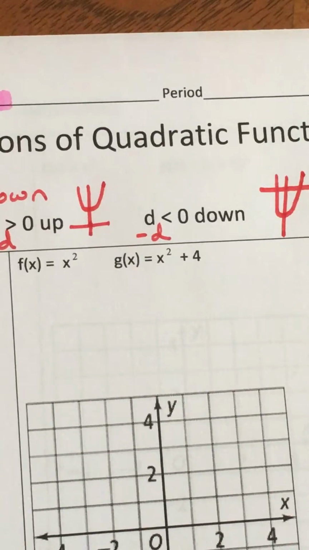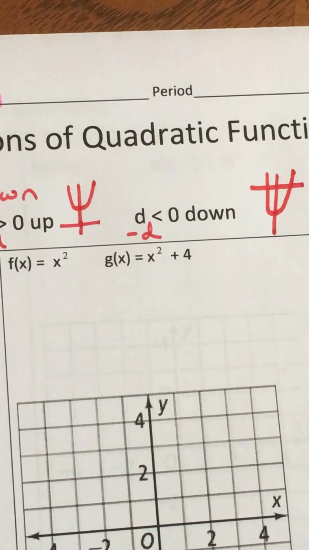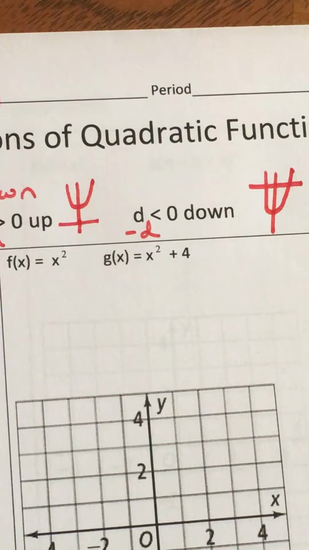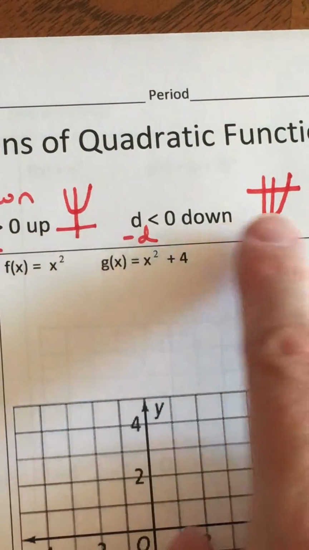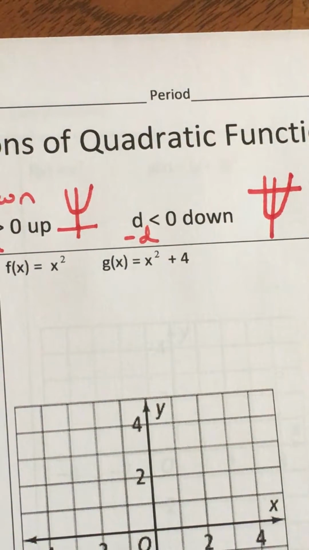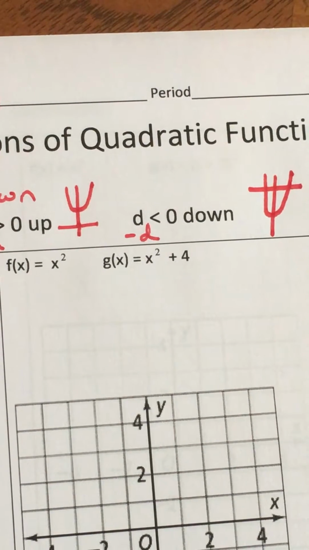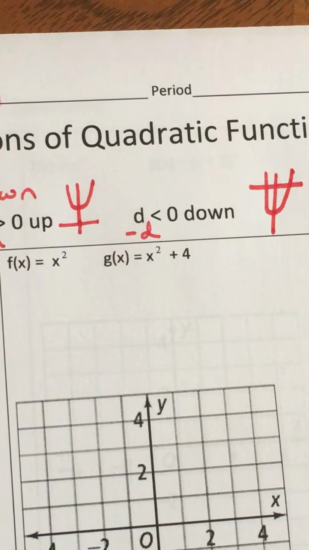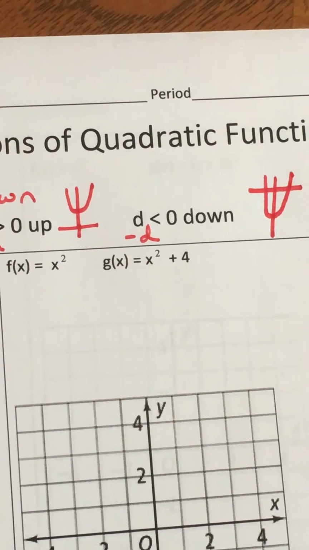And that's just a good hint, a good reminder of what it is you're going to be trying to draw. So they're still centered about the y-axis. Their vertex is still on the y-axis. The axis of symmetry is the y-axis. It's just been pushed up or pushed down with a vertical translation.